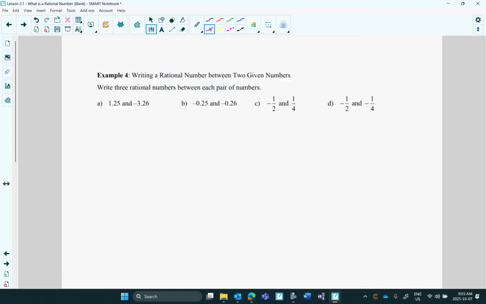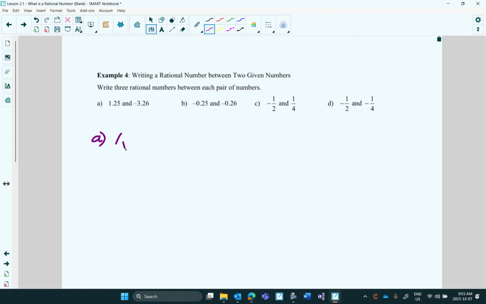This one, well, it's got to be smaller than 1.25, but greater than -3.26. Remember, a whole number is also a decimal number. So would 1 work? Is 1 between there? Sure. What else?